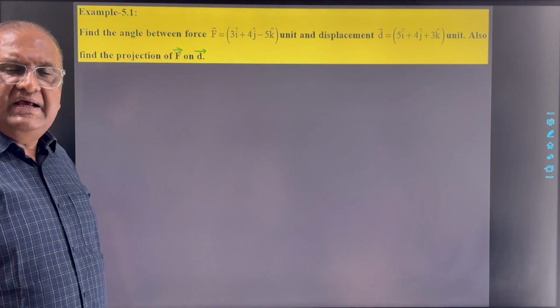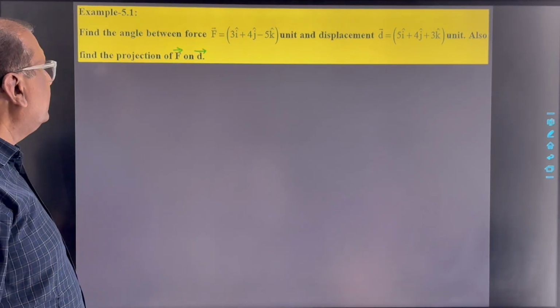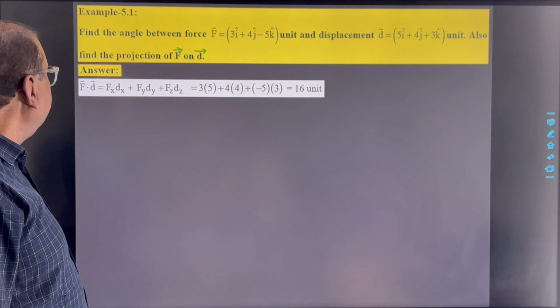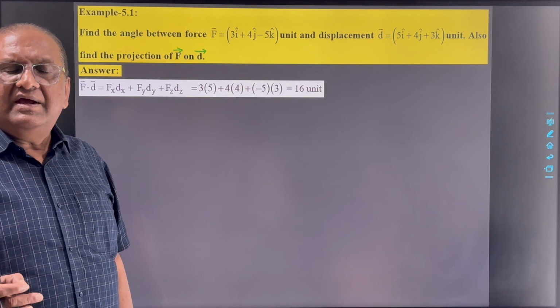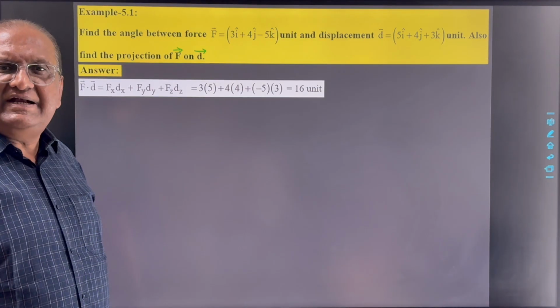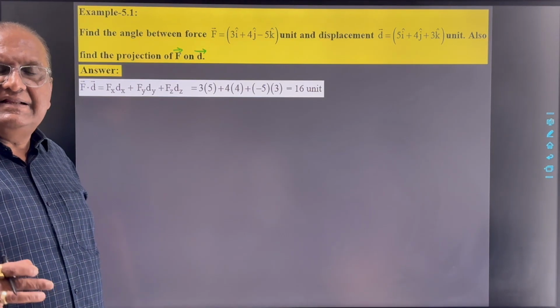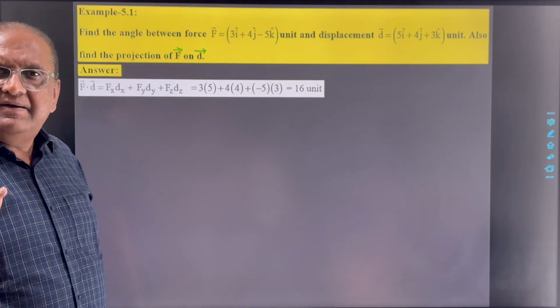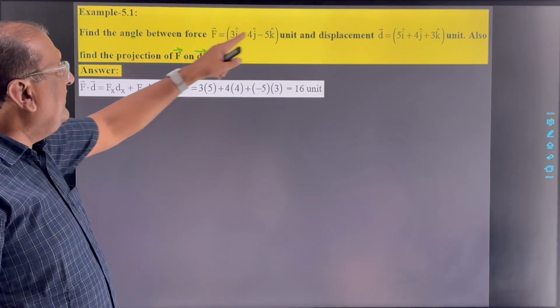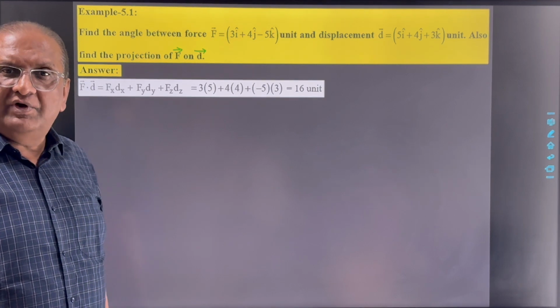Now as per the definition of dot product, we can write F dot D, that is F D cos theta. So cos theta, that is F dot D upon F D. So here F and D are given to you in component form.